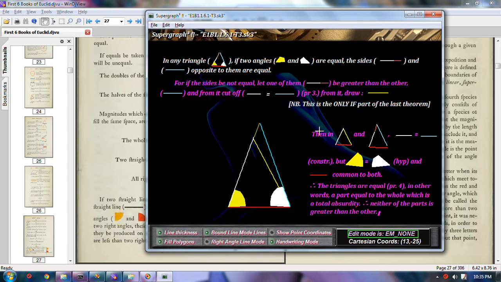Now we have an equivalence between equal angles and equal sides. Equal angles imply equal opposite sides. Okay? And that's pretty much the end of the story for the isosceles triangle.